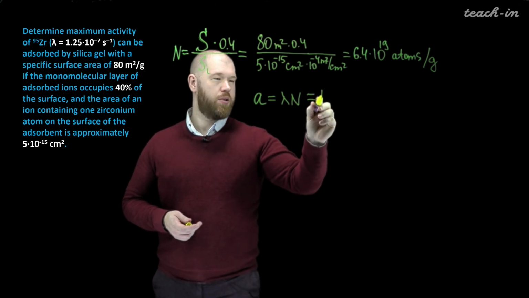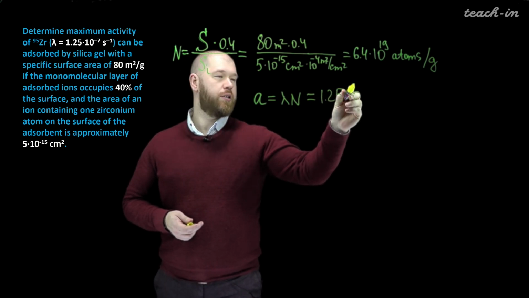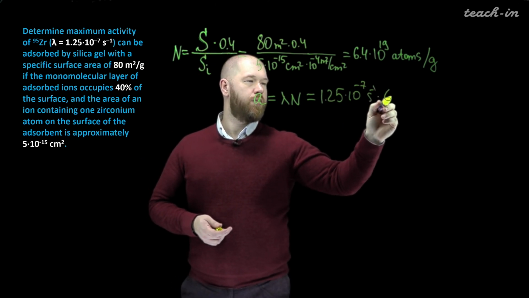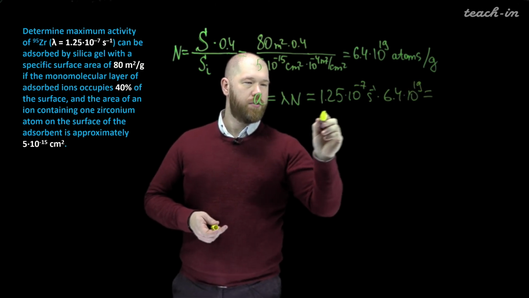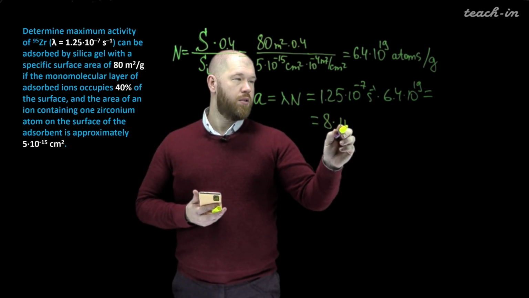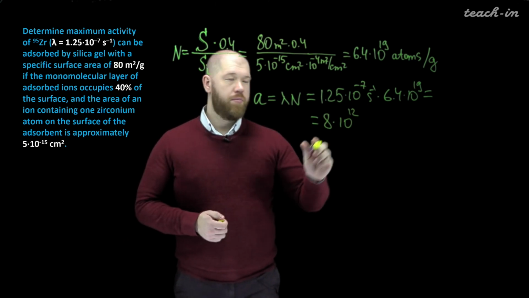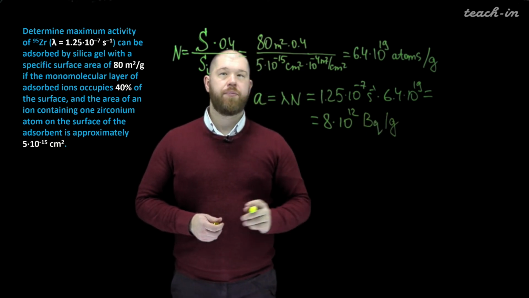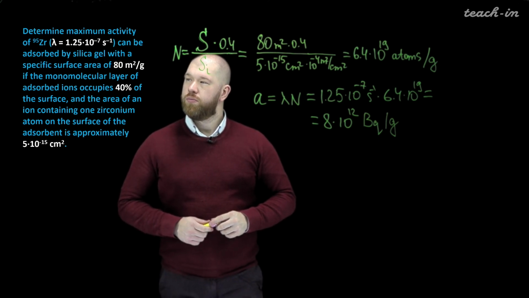So it is 125 × 10^-7 per second multiplied by the number of atoms. So it will be 8 × 10^12 becquerels per gram. Okay.